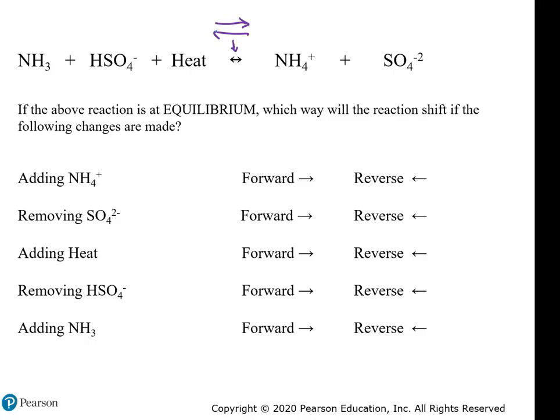It would cause it to shift away from what I just added. What's the rule? It always shifts away from whatever I add. So if I'm adding, it shifts the opposite direction, away from whatever you add.